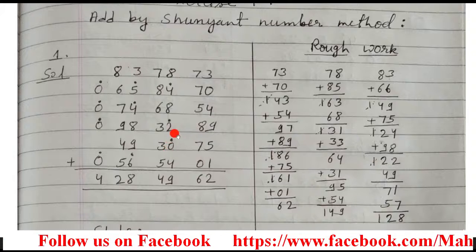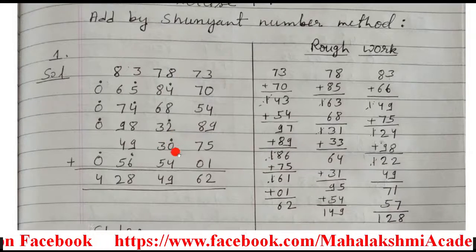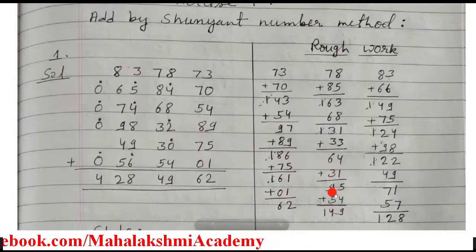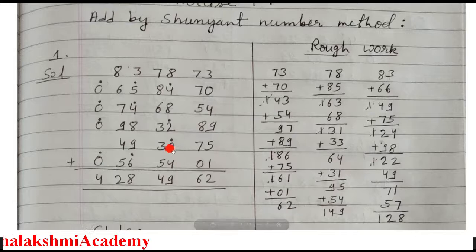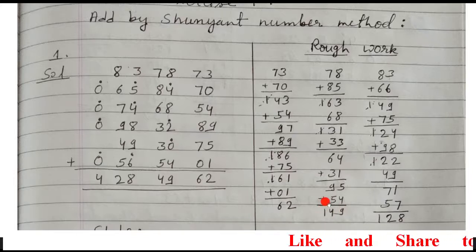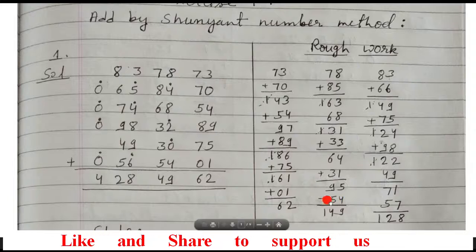Why 31? Because of this Ekadika dot this becomes 31. So we wrote here 31. So 64 plus 31 is 95. Now after 31 it's the turn of 54. So write here 54. So it becomes 149. This one also we partially cut. The number recently added is 54.